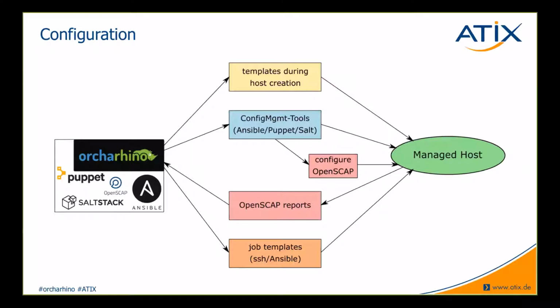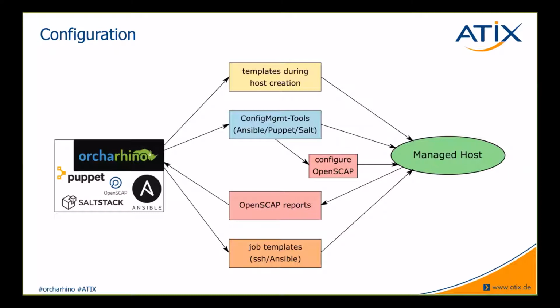For this, there is an integration in Orcharhino to use Puppet or SaltStack or Ansible. Later in the demo, we will see how to use the Ansible integration in 2 different ways. And this can also be used to configure OpenSCAP. OpenSCAP is not a real configuration management tool, but only a policy management tool.